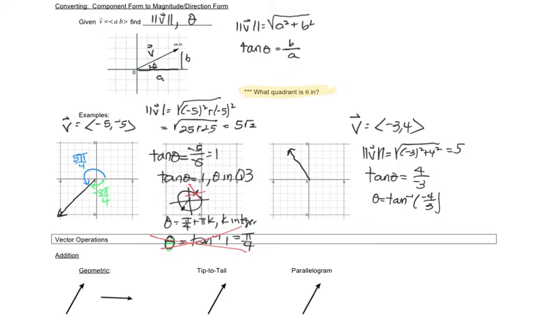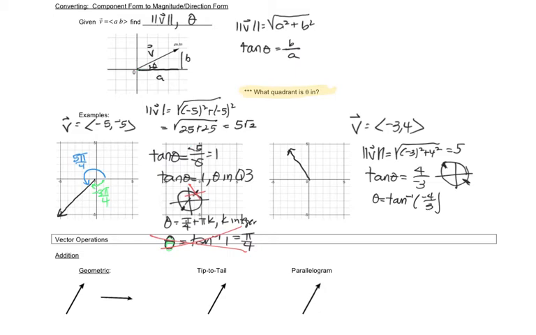But that's not correct, because inverse tangent always gives us something between negative pi over 2 and pi over 2. If the tangent is negative 4/3, those of you that like the unit circle like I do, then it means it's either in the second quadrant or the fourth quadrant.